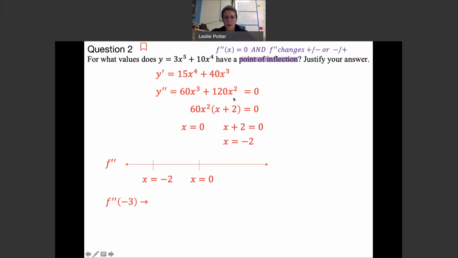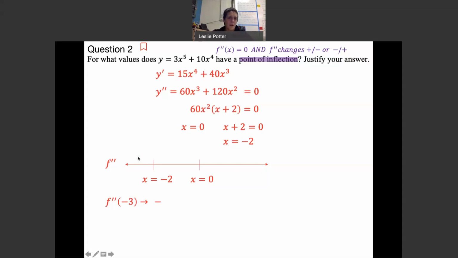I'm going to choose to put it in here because the factored form is easier to determine whether we have a positive or a negative answer without doing math. So if we notice we have 60x squared out here, whatever we put here, it's always going to be positive because we're squaring it. So at -3, we have a positive value, and then -3 plus 2 is a negative. So a positive times a negative is a negative.